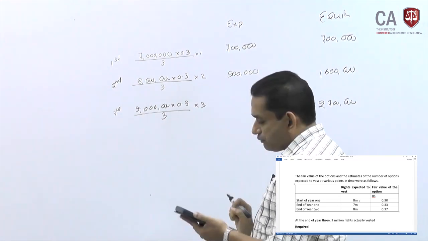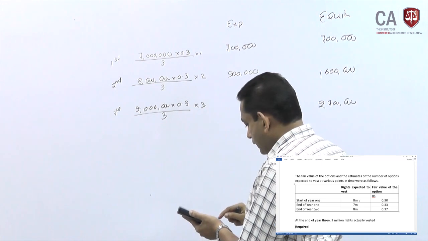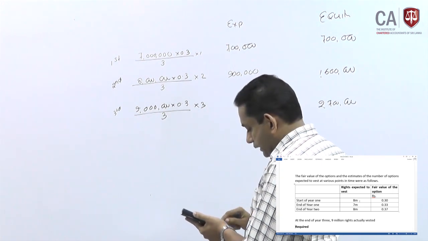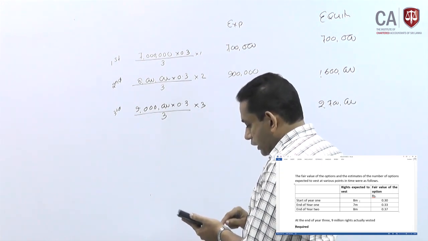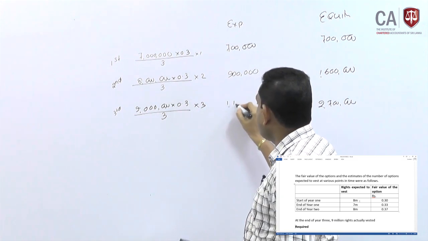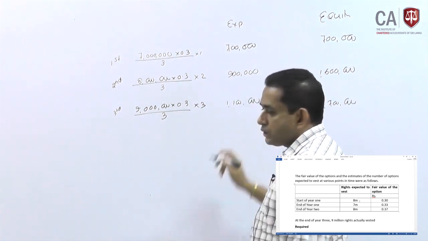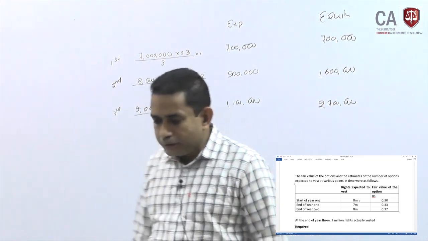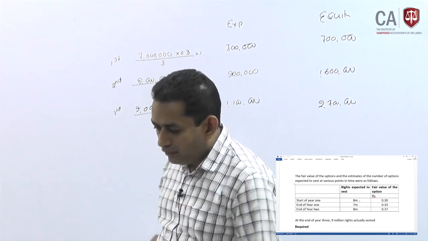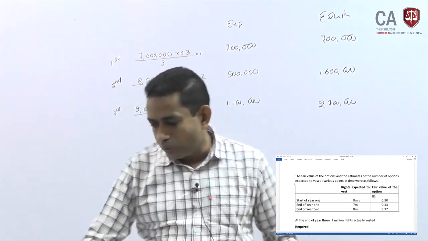So, the residual amount is expensed now in the third year. 2.7 minus 1.6 is 1.1 million. So, this is how you recognize expenditure and equity over the vesting period. That is the answer for part 1.